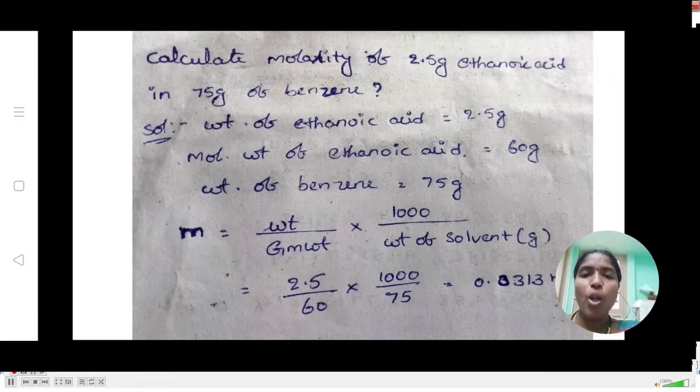So substitute all the data in the formula: 2.5, weight of the ethanoic acid, by molecular weight of ethanoic acid 60, into 1000 by 75. So finally, calculating, we get 0.0313 molal. Okay, so this is the formula of molality calculation.